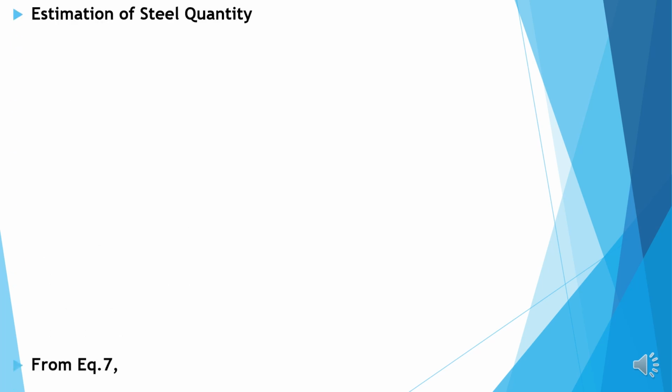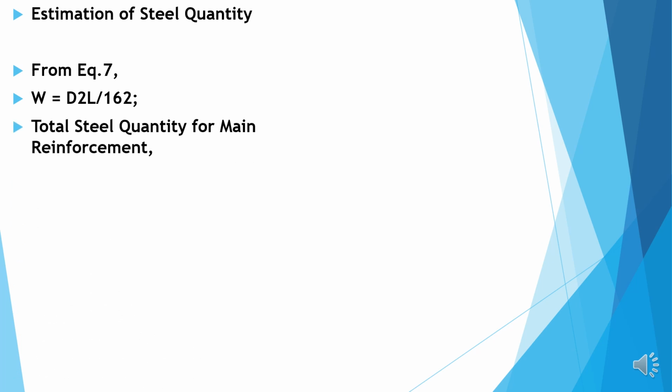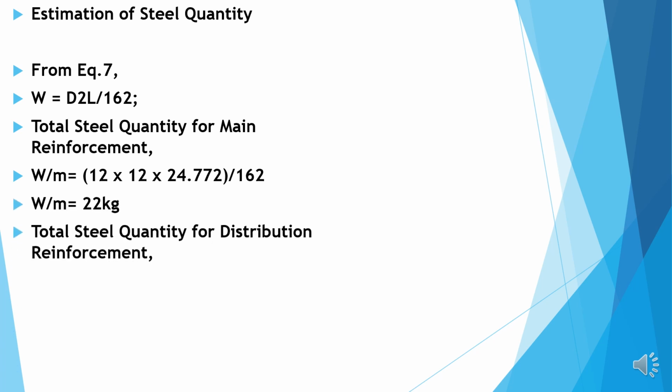Estimation of the steel quantity. From equation 7, weight is equal to D square L divided by 162. Total steel quantity for main reinforcement, WM is equal to 12 square into 24.772 divided by 162, that is 22 kgs.